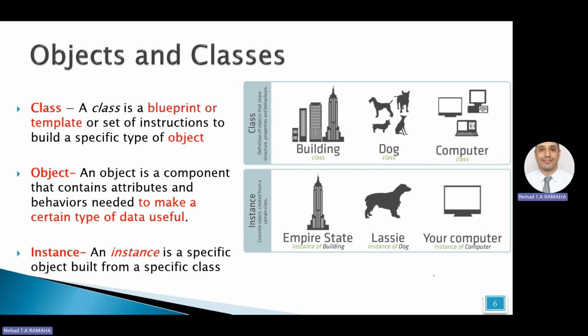A class is like the template, like the blueprint, like when you ask an engineer to create, for example, a construction project, the engineer will go and make some engineering drawing for the building, for each flat in the building, and so on. And then the constructor will use this map. So this engineering drawing is like the class.